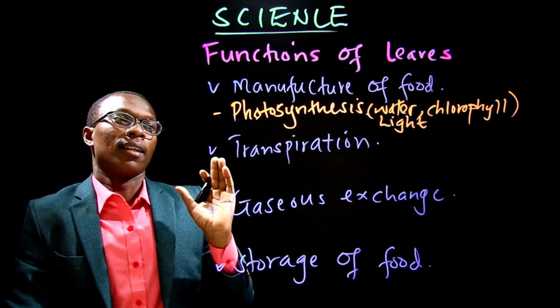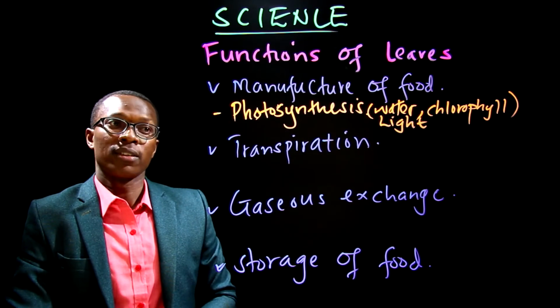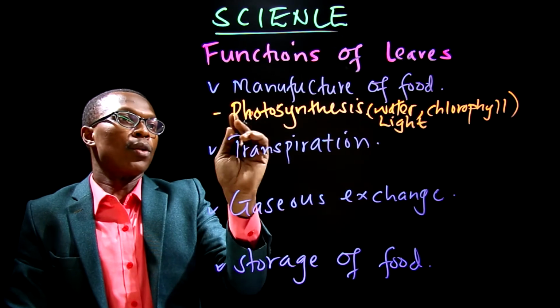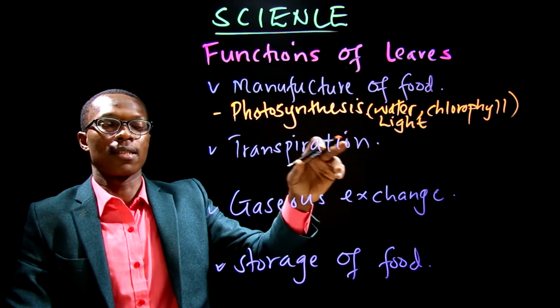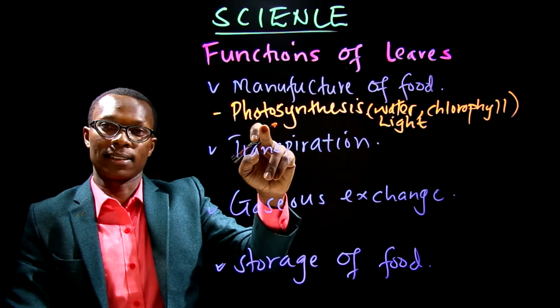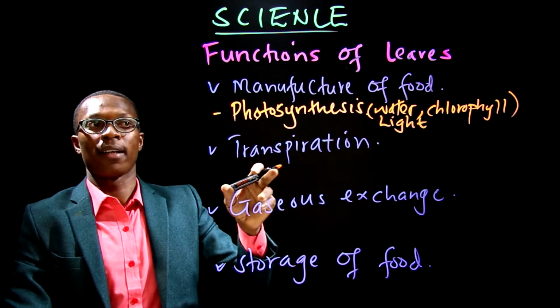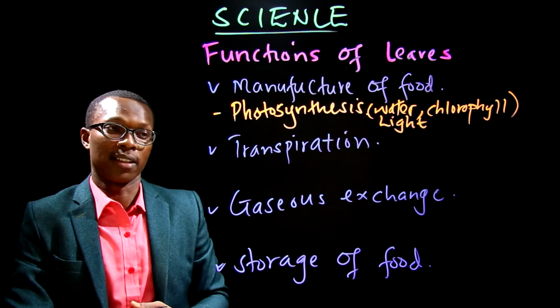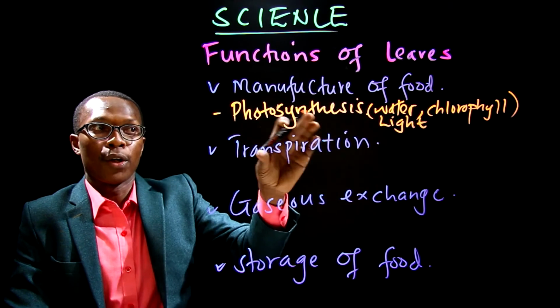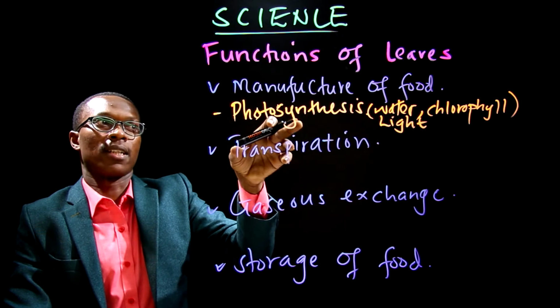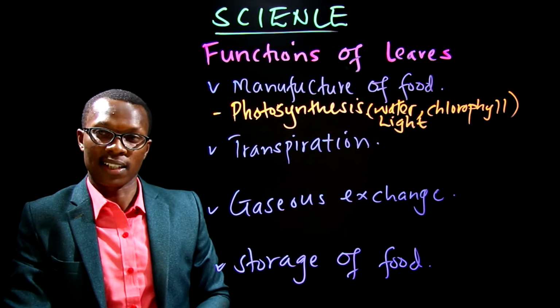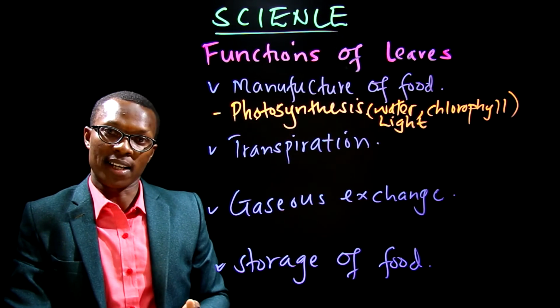Without light, the plants cannot manufacture their own food. In the word photosynthesis, photo means light, and synthesis is the process whereby the plants manufacture their own food. So I hope you understand one of the functions of leaves. Is that clear? You can proceed, right?